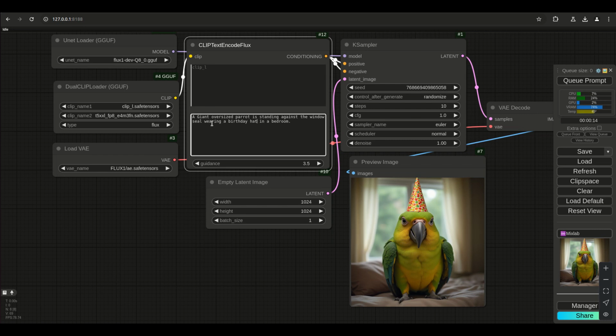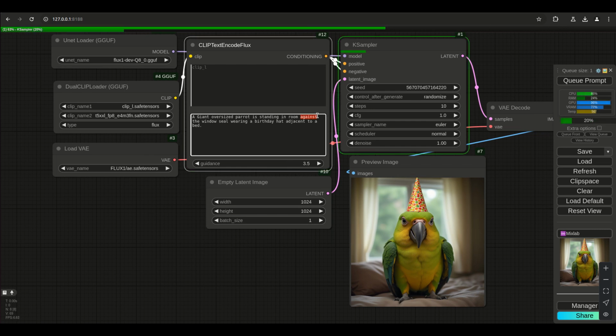But what might help, instead of saying bedroom, we could say adjacent to a bed. Or probably not. Maybe I could go back to near on this one. Actually, it might be better.